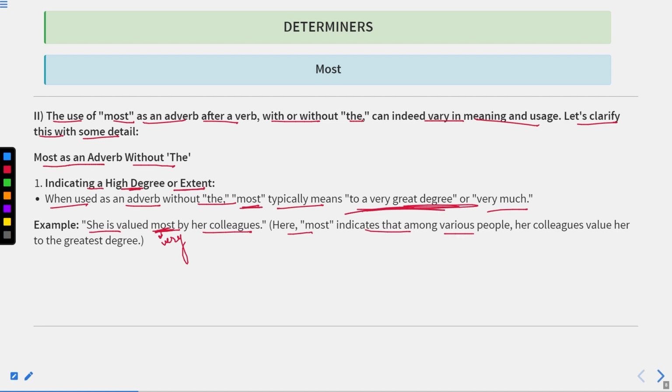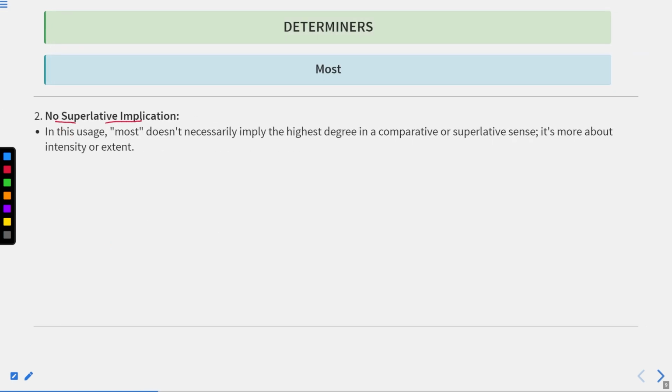Here, "most" indicates that among various people, her colleagues value her to the greatest degree. Now, there is no superlative implication. In this adverb usage, "most" doesn't necessarily imply the highest degree in a comparative or superlative sense. It is more about intensity or extent.